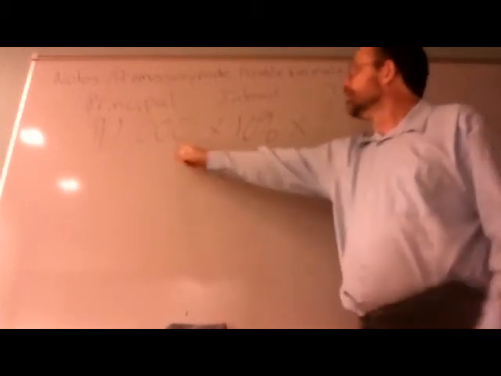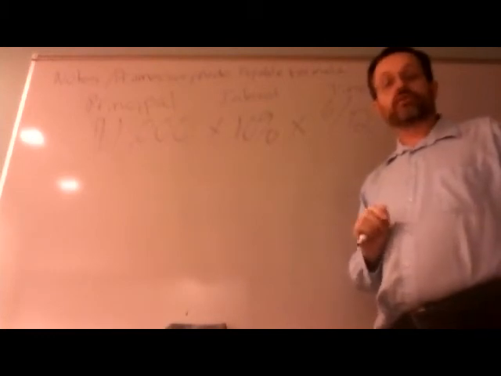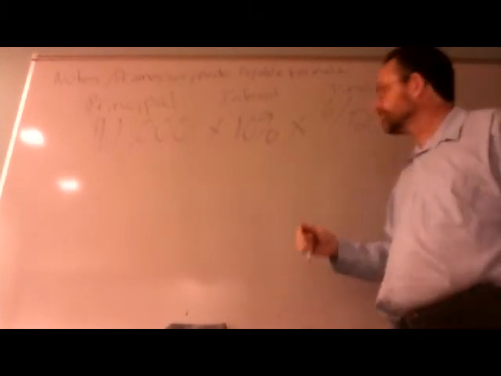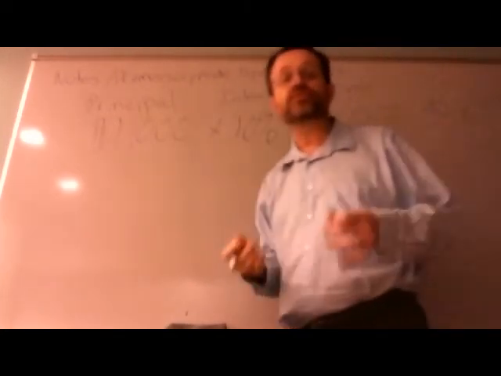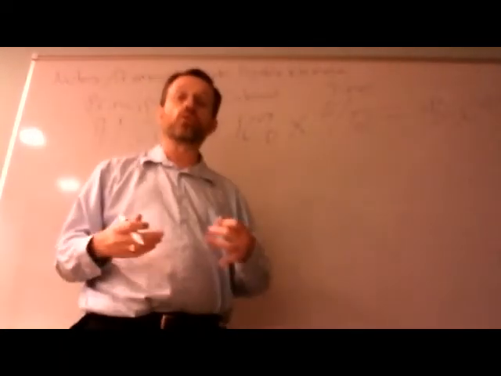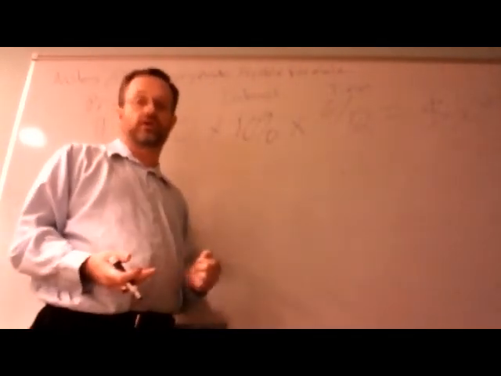Okay. So 1,000 times 10% is how much? Obviously, $100. But times 6/12, which is 1/2, is only $50. And that's $50 interest that you're going to have to pay. You're not going to pay $100 because you didn't have it for the entire year.